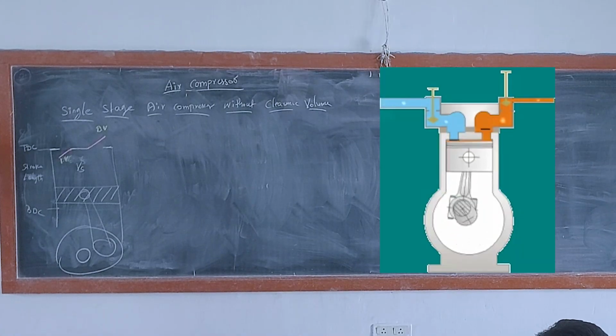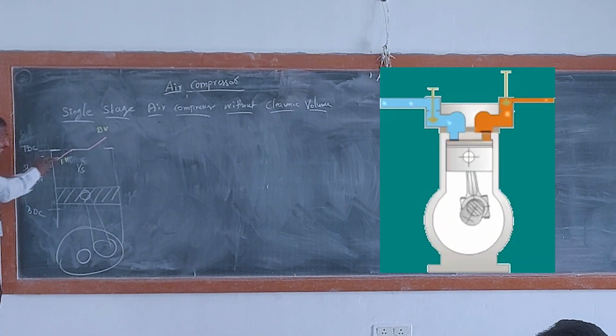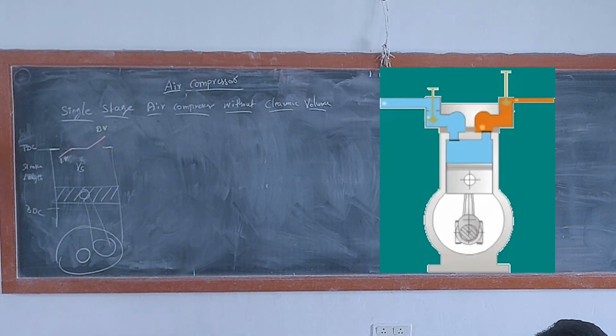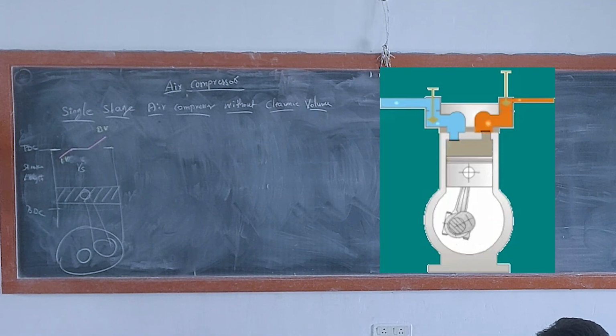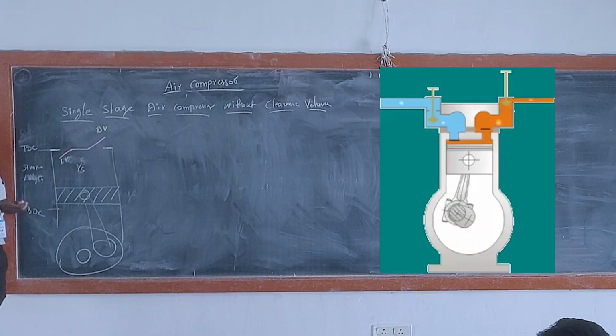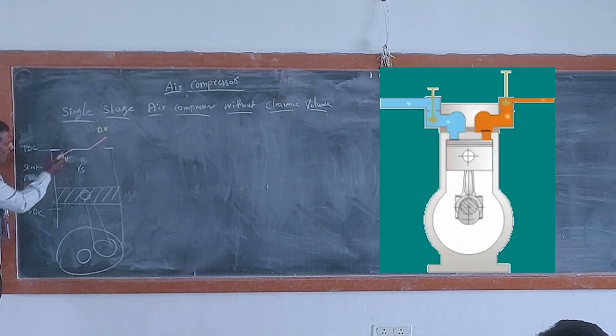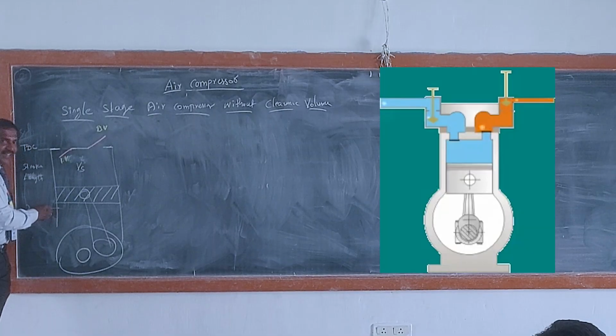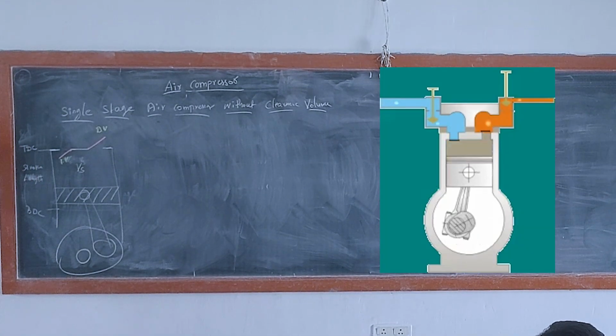Whenever there is a vacuum pressure inside the cylinder, this inlet valve will open. That's how it is designed for the air compressor. Got it? So it opens, the piston moves from TDC to BDC, and keeps on moving till BDC, and the inlet valve will remain open.